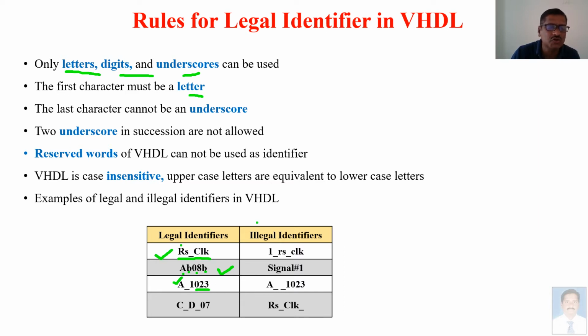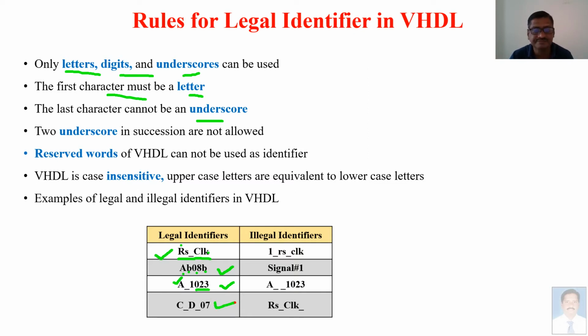The last character should not be an underscore, it may be a letter or a digit. C underscore D underscore 07 is also a valid identifier because it uses the combination of these three. The first character is a letter, we are using underscores, the last character is not an underscore, and we are not using two underscores in succession, that's why it is also a legal identifier.